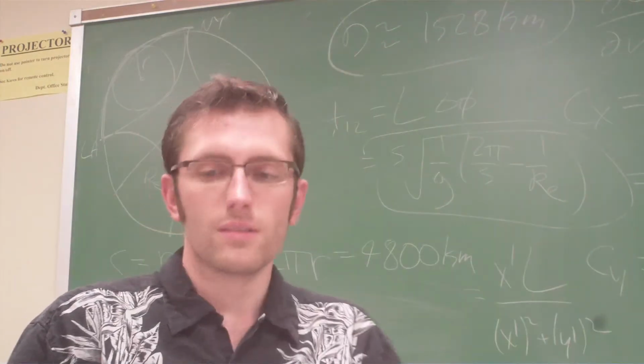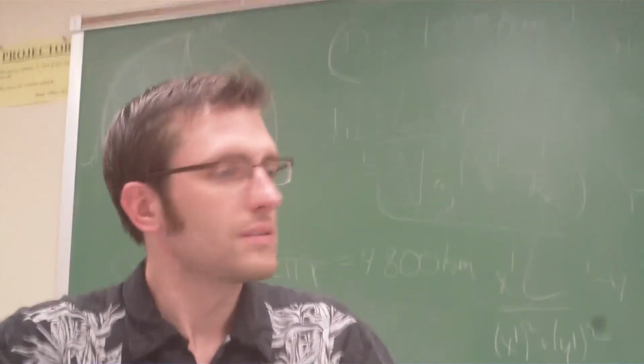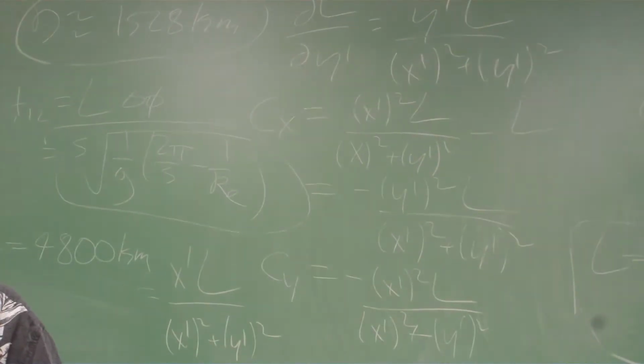Bravo. And here, in one of the solutions on the web, are some pictures of what it looks like for different ratios of A over B. You mean for different surface lengths?